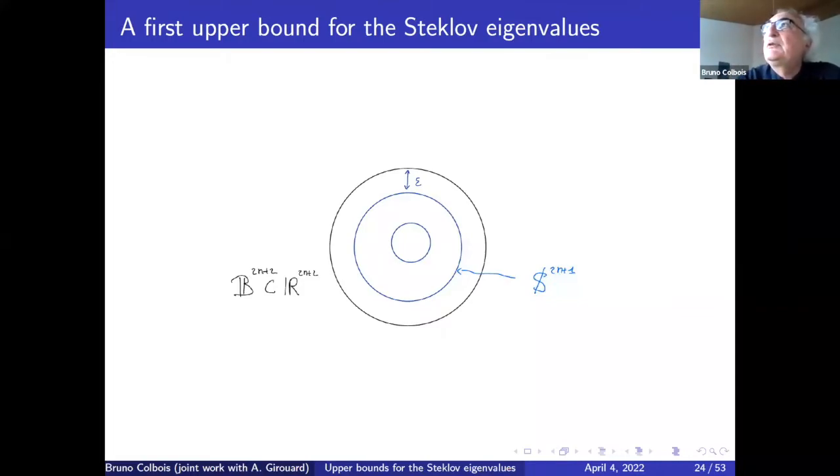And so you can construct a family of metrics on the sphere with volume 1 and injectivity radius going to 0, which is a priori surprising, but the curvature goes to minus infinity. And this is a way to construct a large eigenvalue for the Laplacian with a manifold of volume 1. And so what they did, they took an epsilon tubular neighborhood. In the epsilon tubular neighborhood, they don't change anything, so the boundary is invariant.